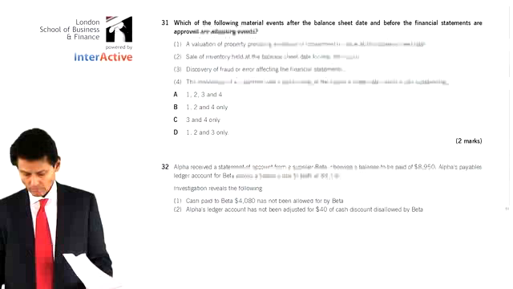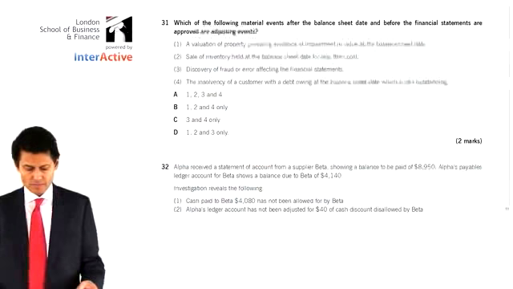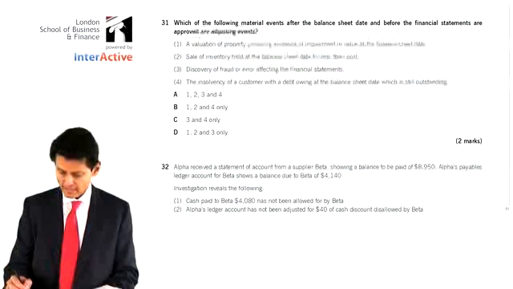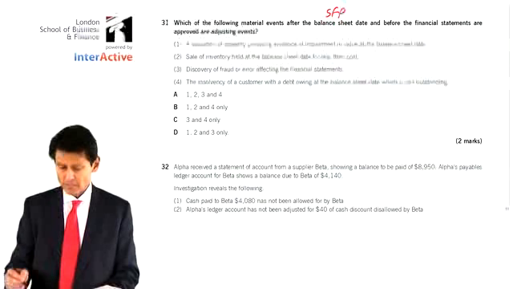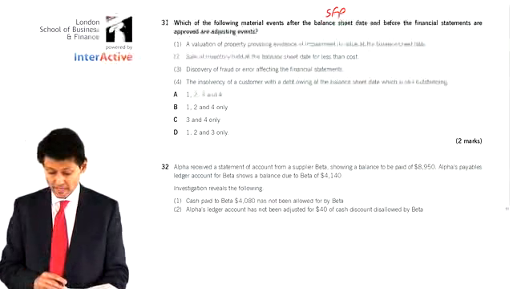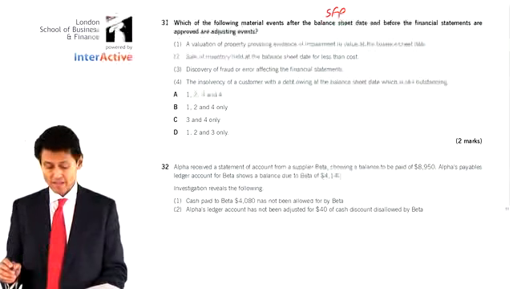What else do we have? The question number 31, moving on. Which of the following material items after the balance sheet date, SFP date, also known as IAS 10 events after the balance sheet date, and before the financial statements are approved, are adjusting events?